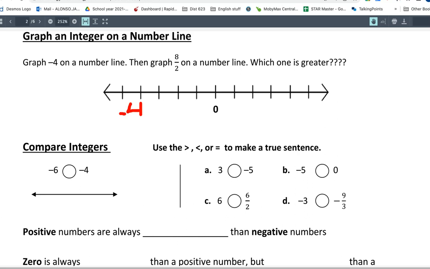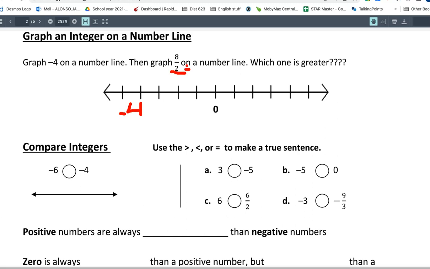Once again, I'm sorry about the writing. I'm doing it with the mouse. It's not ideal. So you may be wondering, how in the world am I going to put this fraction in the number line? Well, you have to simplify the fraction first, right? So you can simplify the fraction by 2.